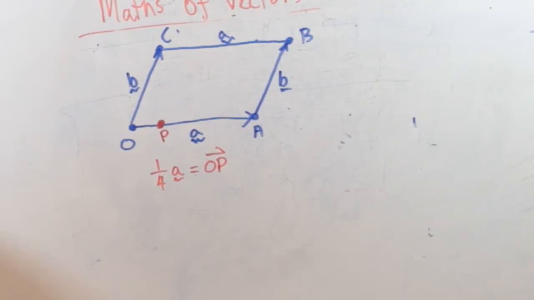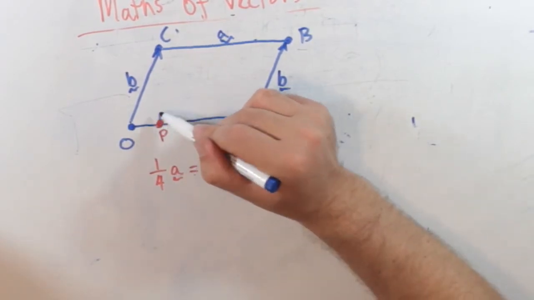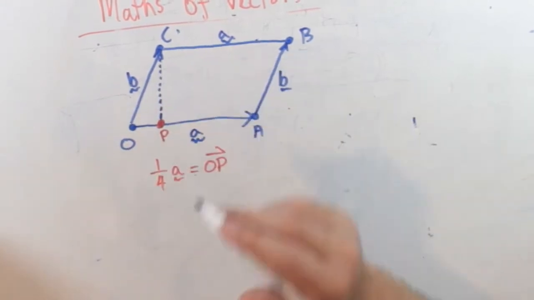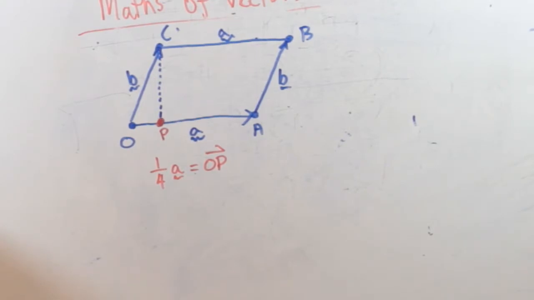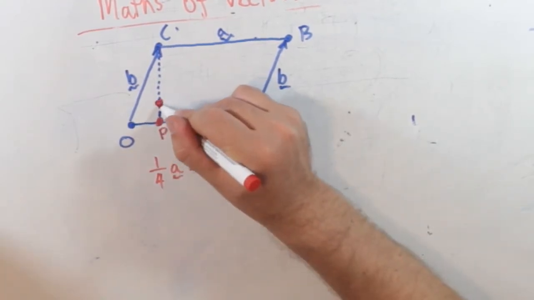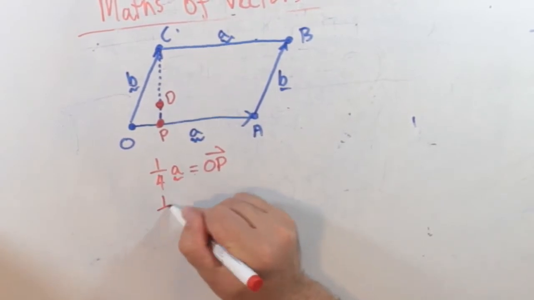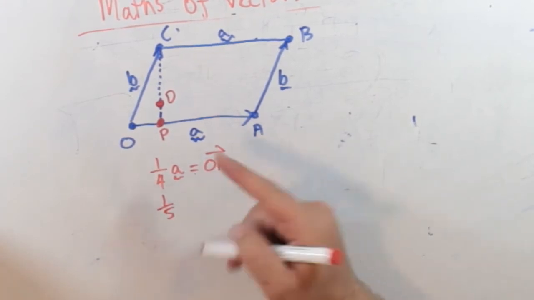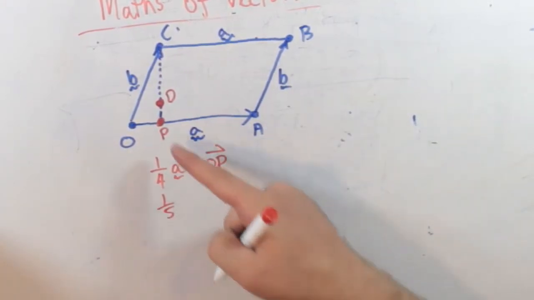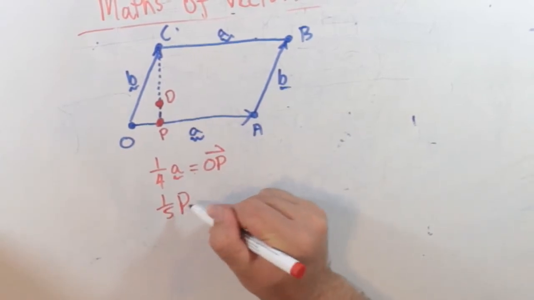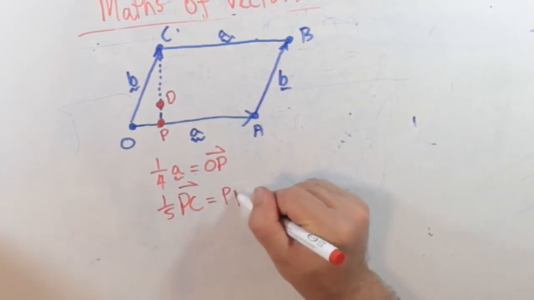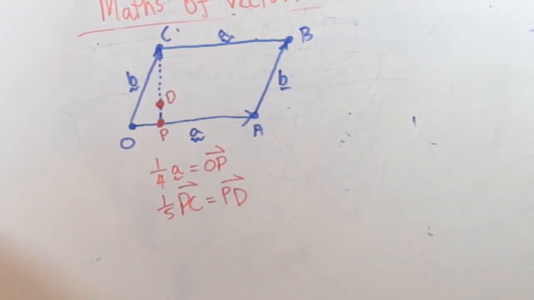And we want another point D, which is 1/5 of the way from P to C. I haven't got a and b for P to C yet, so I'll just say 1/5 of the way P to C is PD. We've got this information.